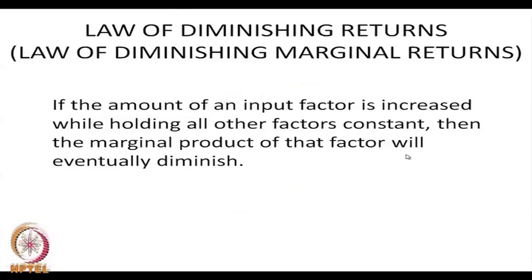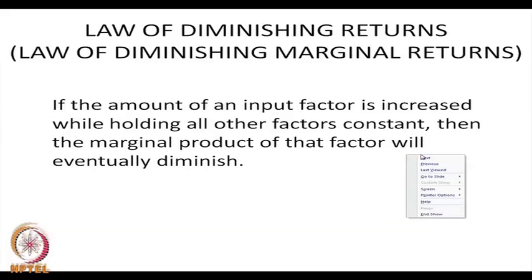This is known as the law of diminishing returns, or the law of diminishing marginal returns. If the amount of an input factor is increased while holding all other factors constant, then the marginal product of that factor will eventually diminish.